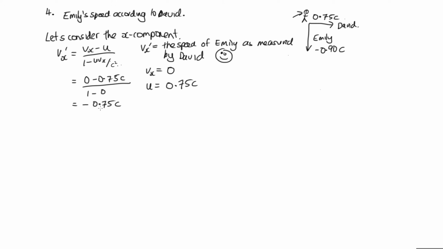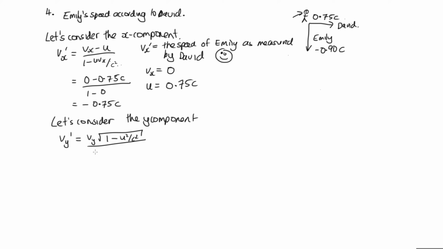Okay, so now we've worked out Emily's speed in the x direction, but Emily is also moving relative to David in the y direction, so we also need to calculate that. So let's consider the y component. We'll need to use vy prime is equal to vy times the square root of 1 minus u squared on c squared, over 1 minus u vx on c squared.